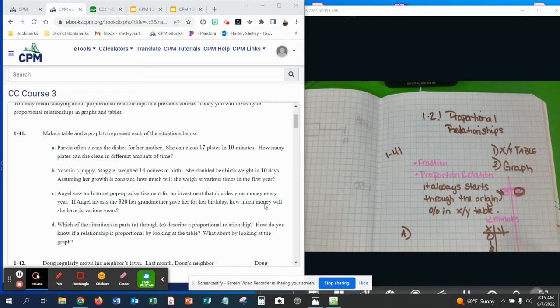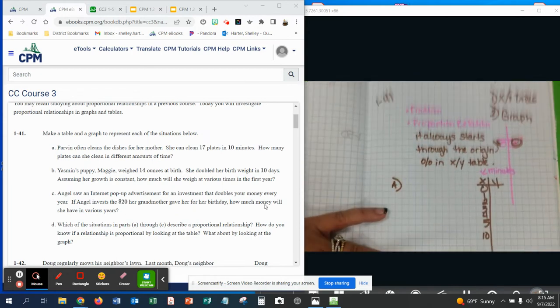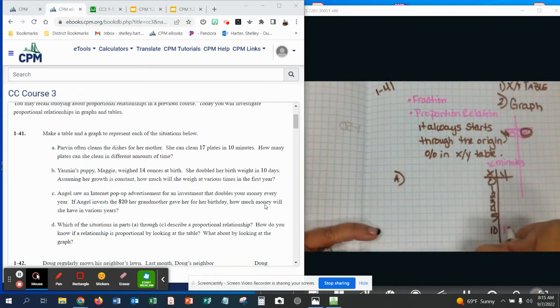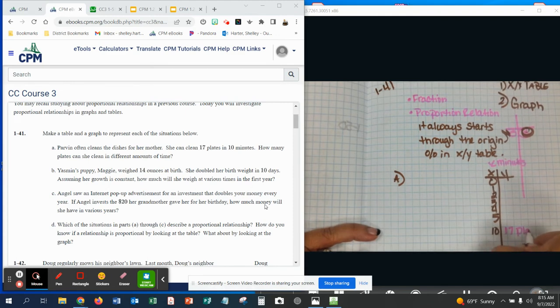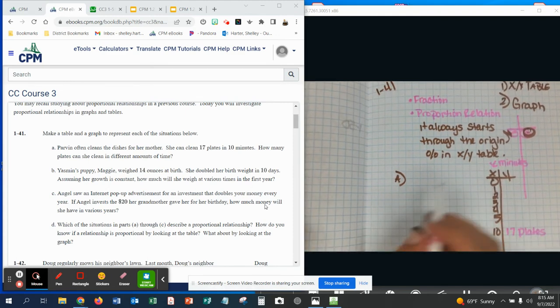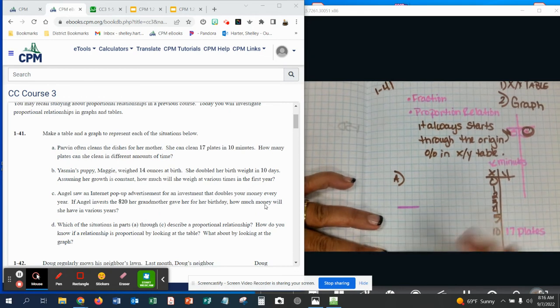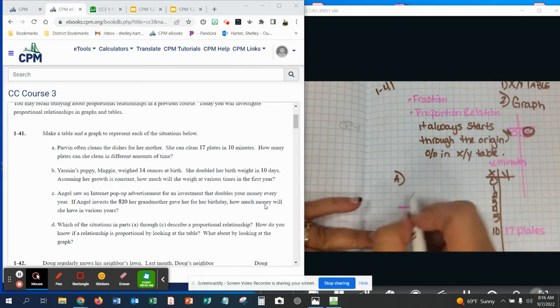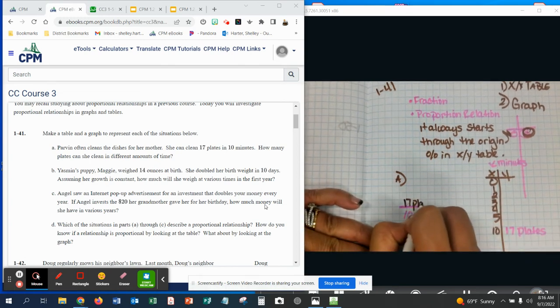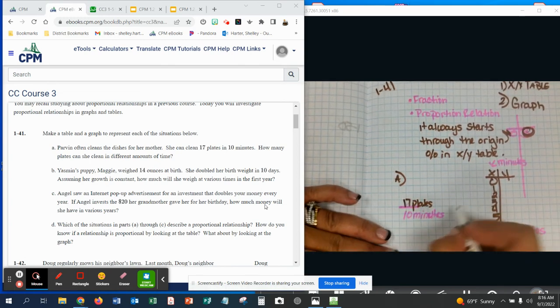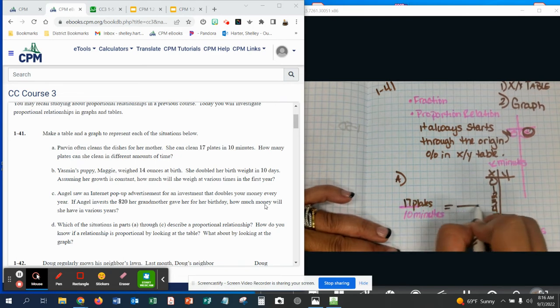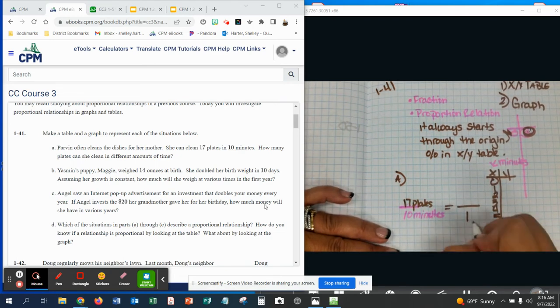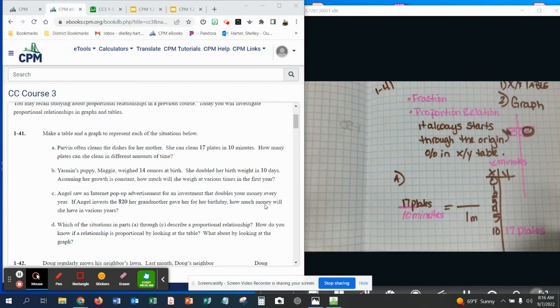What we're going to put here is she can do 17 plates. So on the bottom in the fraction, I'm going to put 10 minutes, and then 17 plates. We want to get it to where she's at for 1 minute. How many plates can she do in 1 minute?